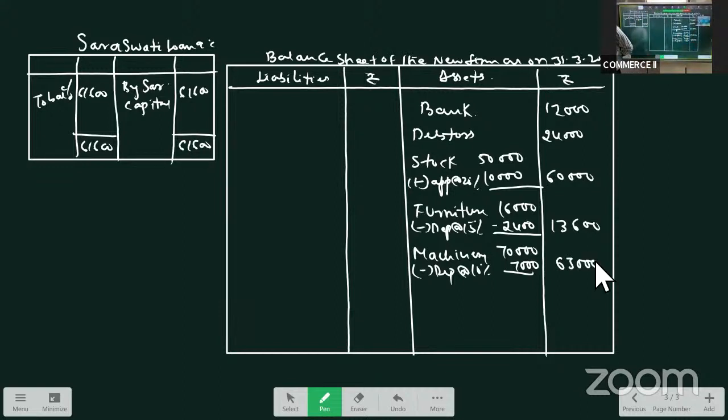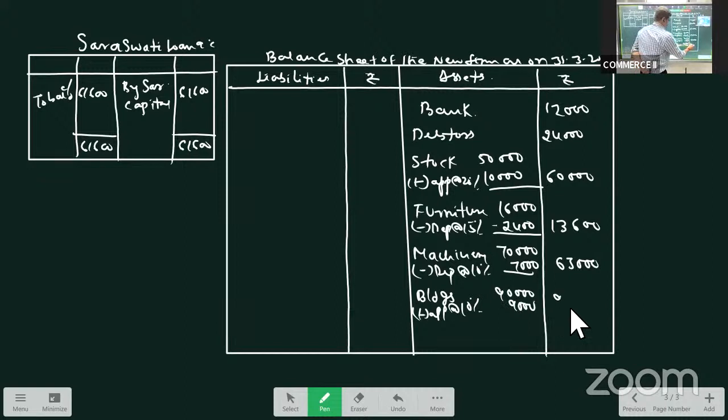Then buildings, 90,000, appreciated by 10%. That is 9,000. So it will be 99,000.